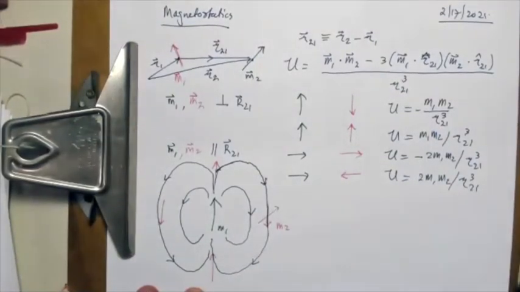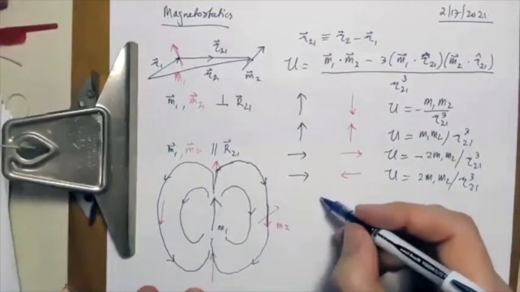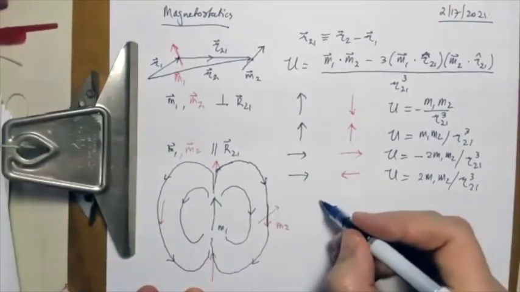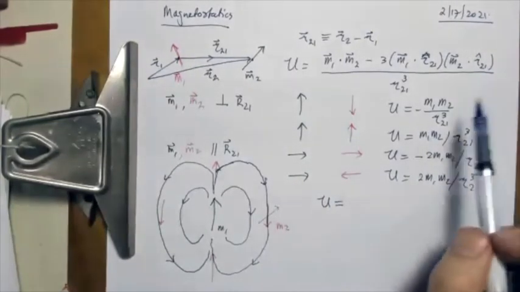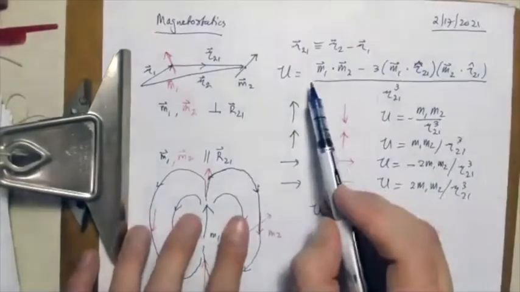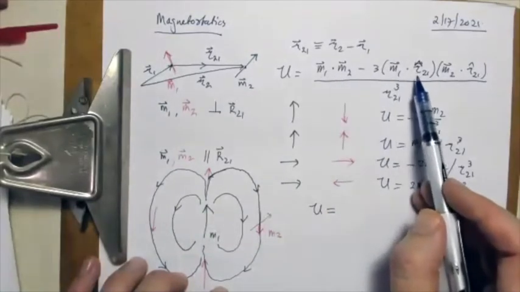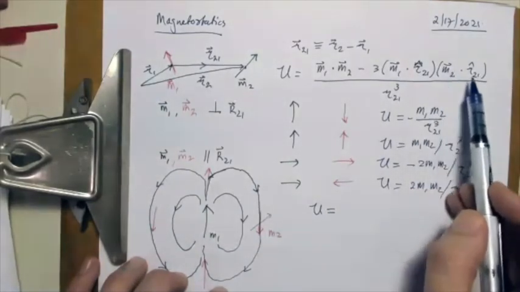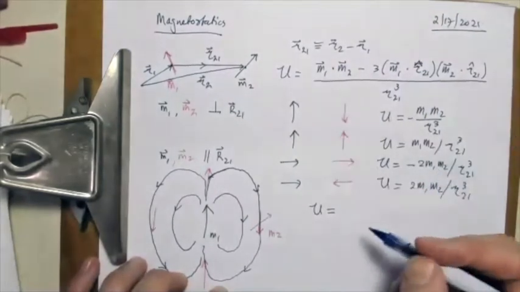Okay, so the field and the potential energy, if you look very carefully here, you can actually factor out your M2, right? Because you have an M1 here dotted with an M2, and you have an M1 with an R21, and now you have an M2 dotted with something else. So there's actually an M2 here that you can factor out.